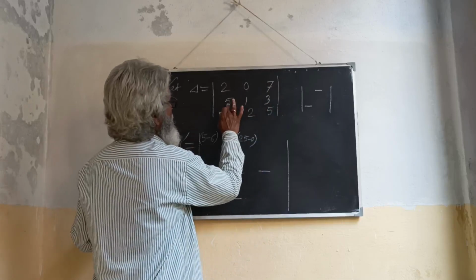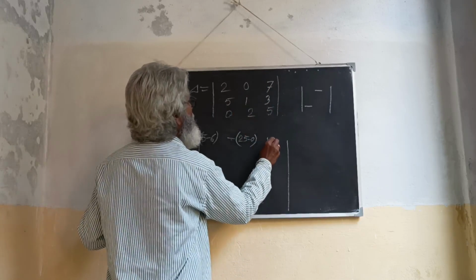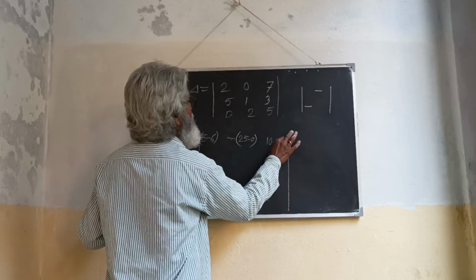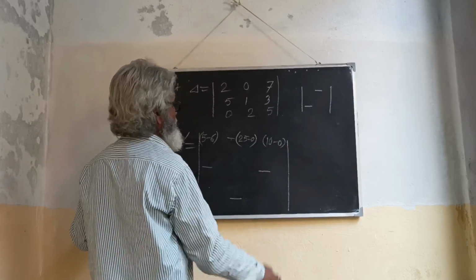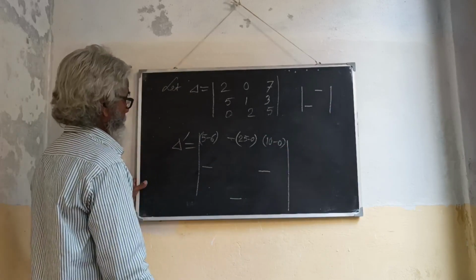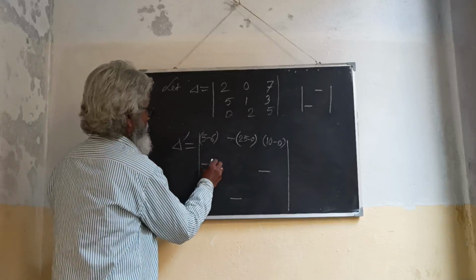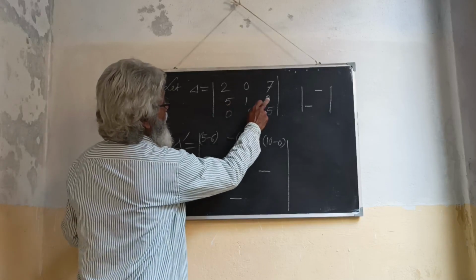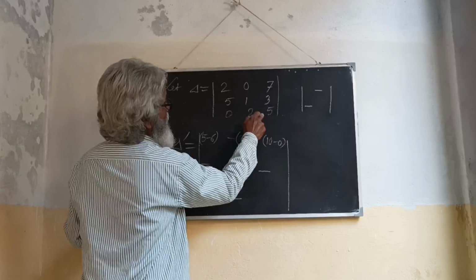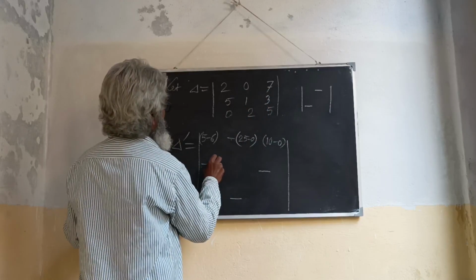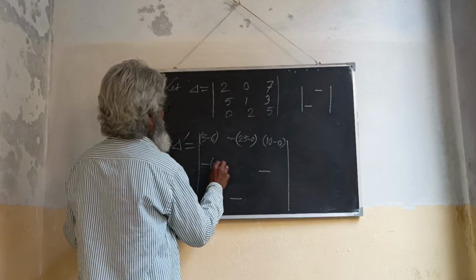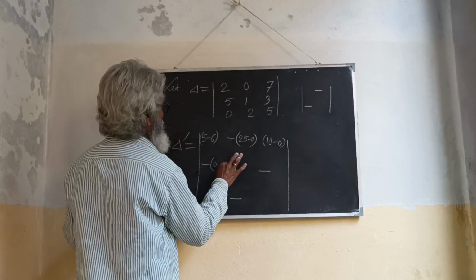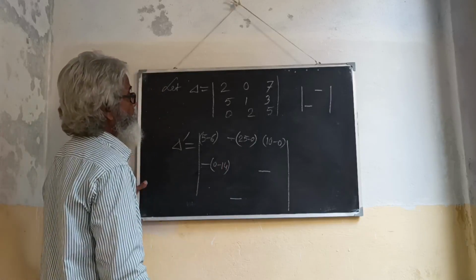For 7, 10 minus 0. For 5, omit this, 0 minus 14.